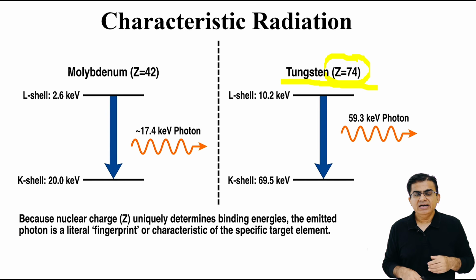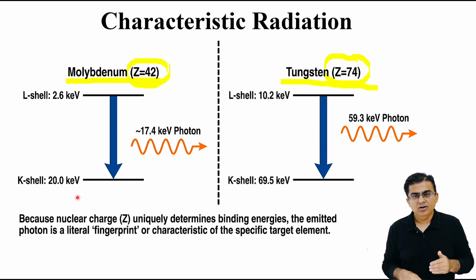Now look at the completely different atom on the left side of your screen. Here we have a target material called molybdenum. Molybdenum has a much lower atomic number of just 42. This means it has fewer positive protons pulling on its electrons. Because this pulling force is weaker, its binding energies are much lower.